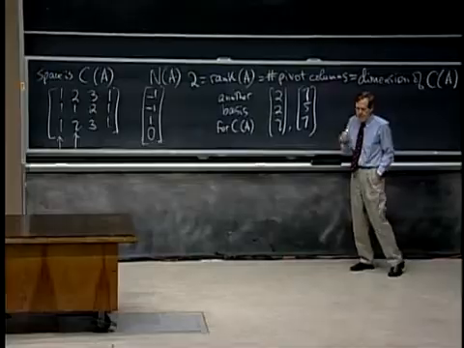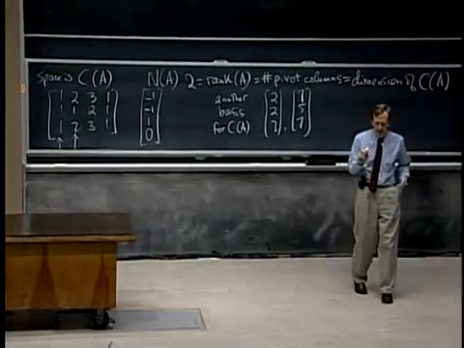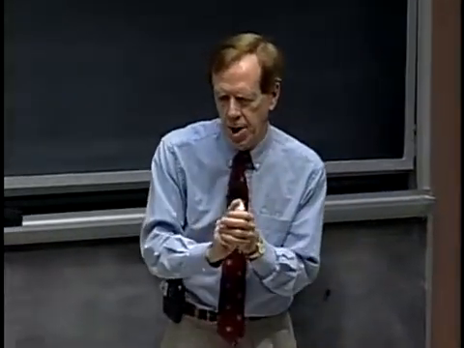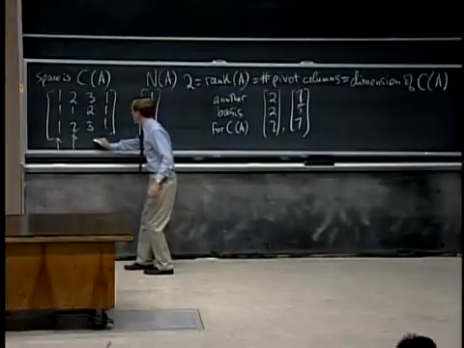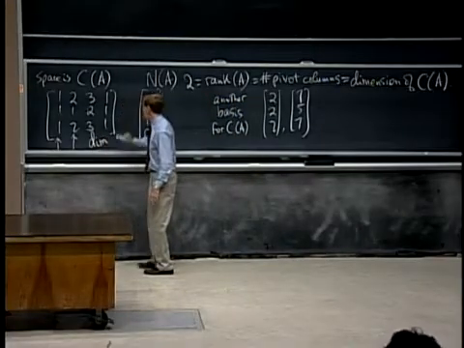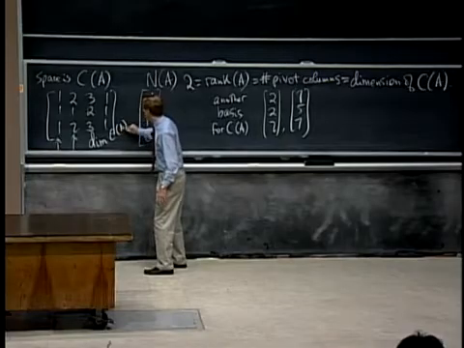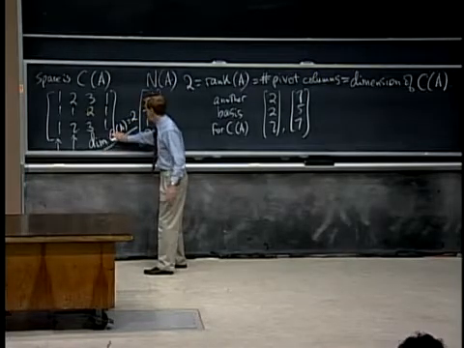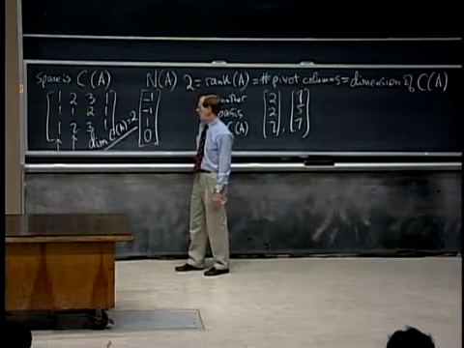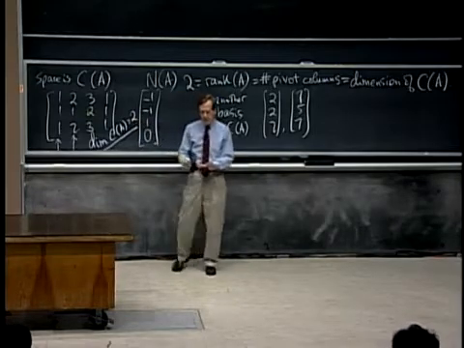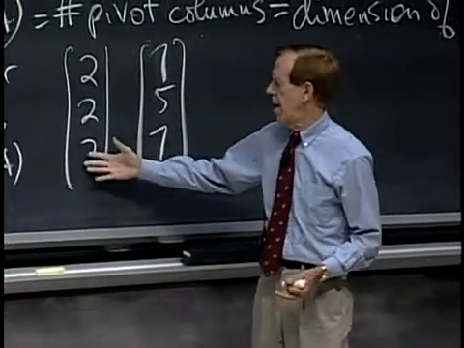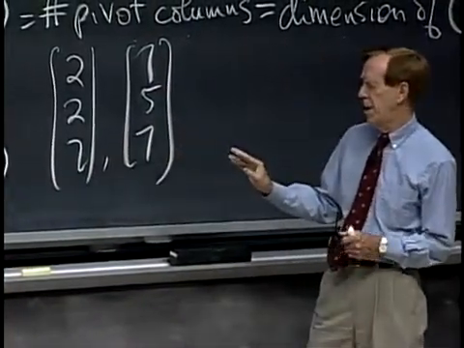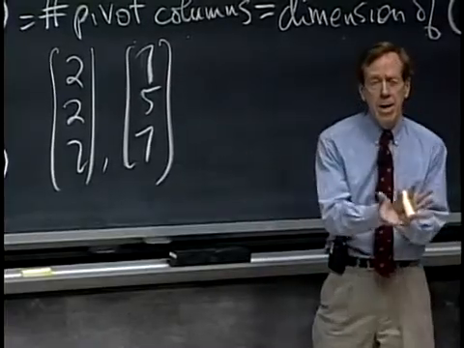I've got 2. Actually, this is a key point. If you know the dimension of the space you're working with, and we know that the dimension of the column space is 2, and we have a couple of vectors that are independent, they'll automatically be a basis.